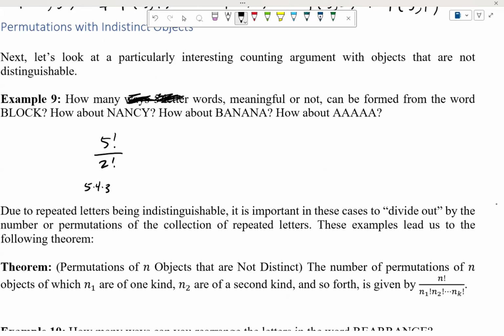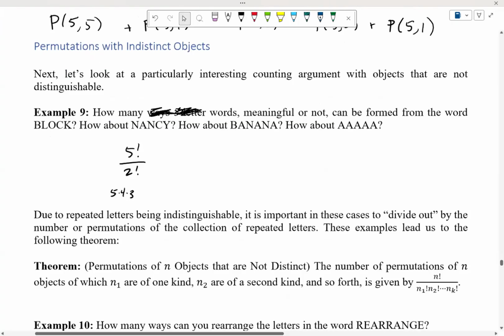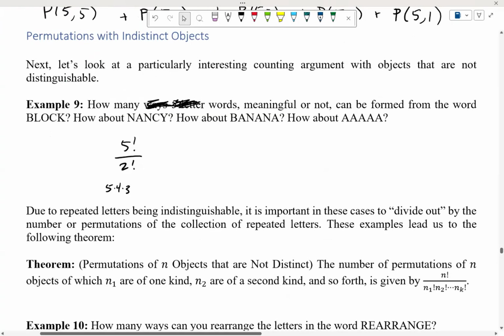Let's use all the letters. Make sure your neighbor got it. I'll call on someone for the next one.